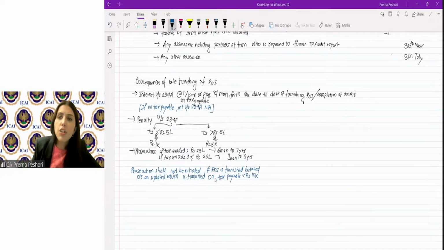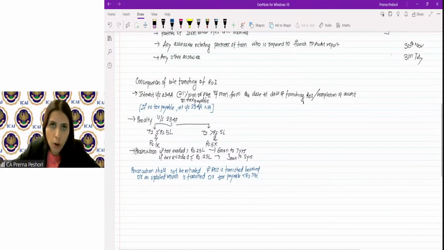Tax payable after reducing, of course, the advance tax, TDS, in the return of income. If your tax payable is less than 10,000, then also the prosecution will not be initiated because that is a very small case. Yes, students?